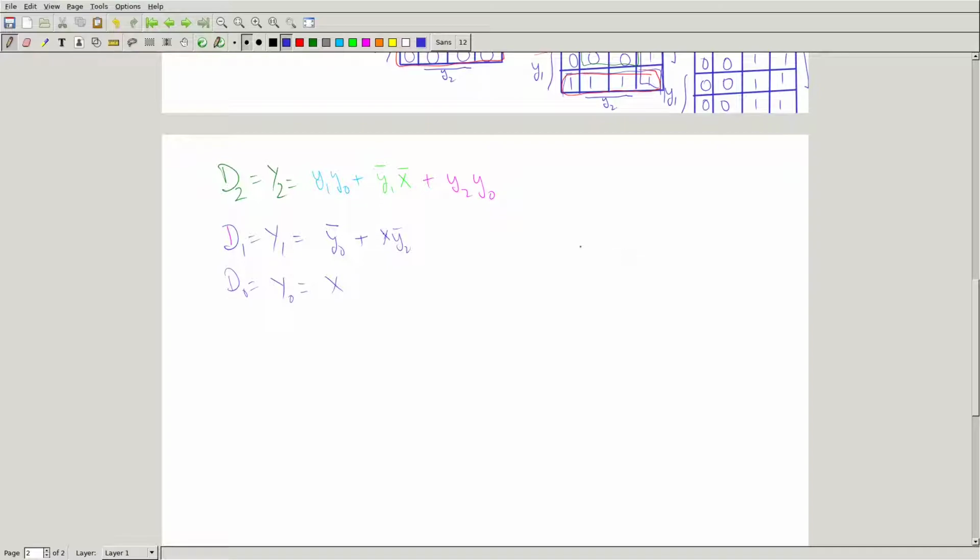So we'll need 3 D flip-flops, and here we can start by making all of our D flip-flops.